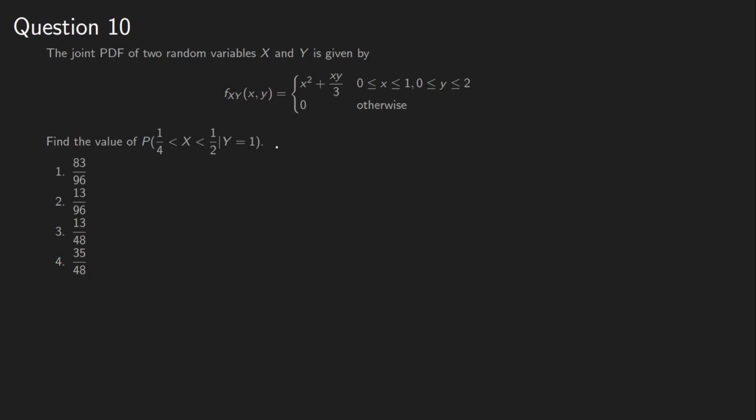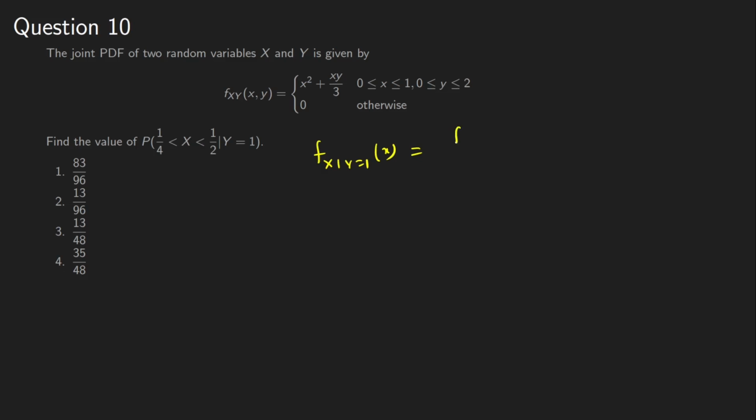So we will be able to calculate this probability if we know the conditional distribution of x given y equals 1. If we know this quantity, then we will be able to find any probability defined in terms of x. So the first goal should be to calculate this conditional PDF. As you know, the conditional PDF can be written as the joint of the events over which it is defined divided by the marginal of the event on which it is conditioned.